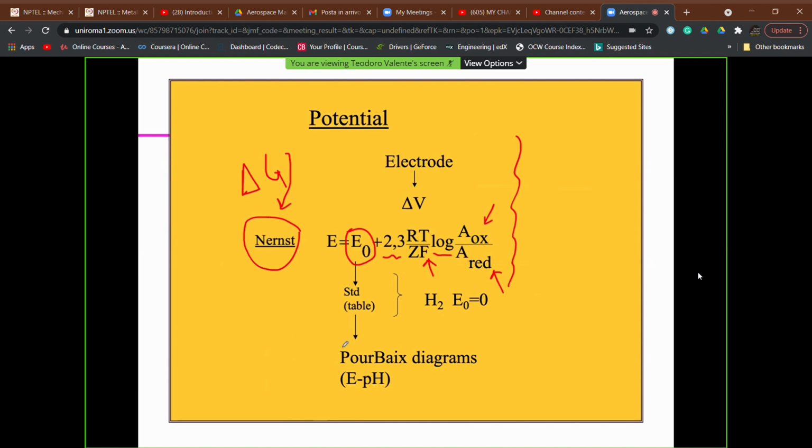And it's very important because it allows us to build some diagrams which are very important to have an idea of what is going to happen, which are called Pourbaix diagrams or voltage, potential, pH diagrams that now we will see.